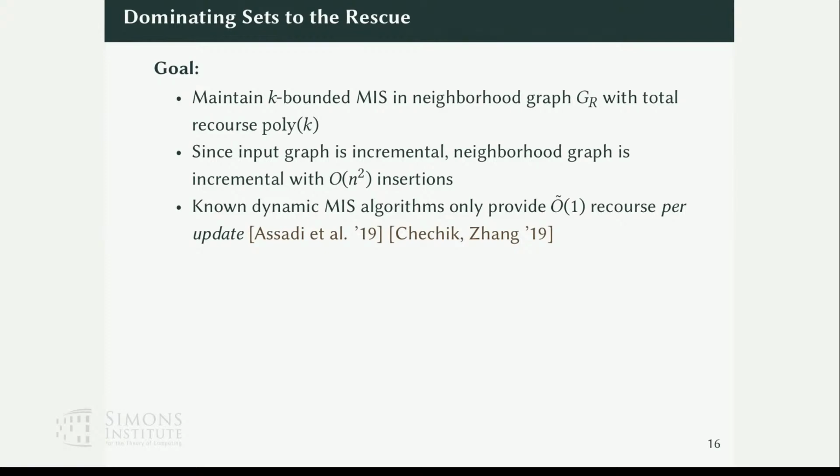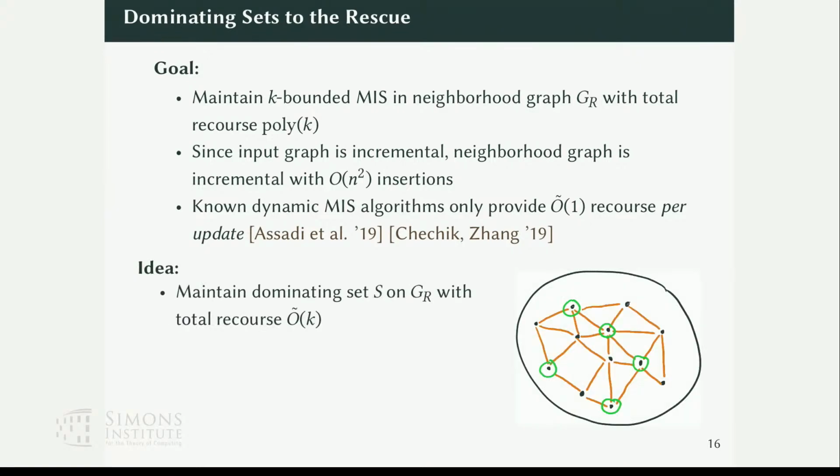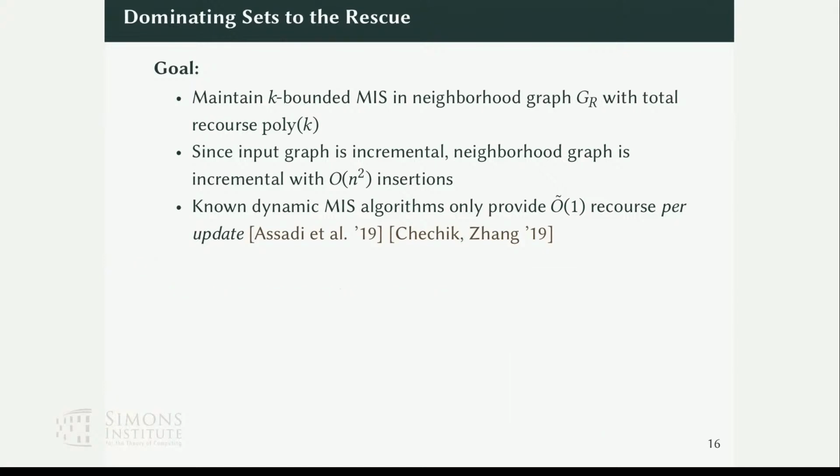They are known to have even constant recourse per update, but you cannot just say that overall you have M updates. Stating it the way I did here is a bit oversimplifying, because I'm not exploiting that I want a k-bounded MIS and not a full MIS. And we didn't find a way of doing it with an MIS.